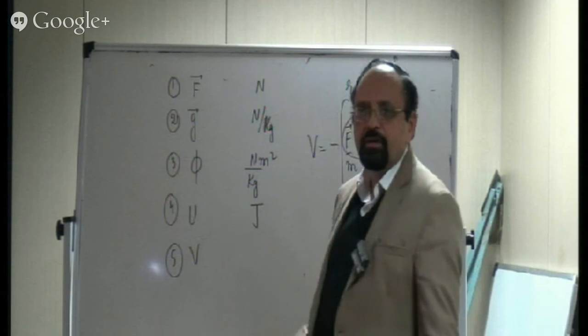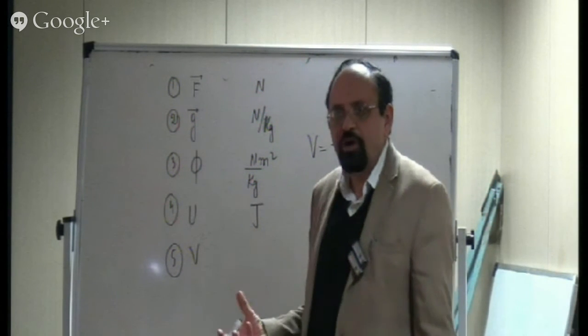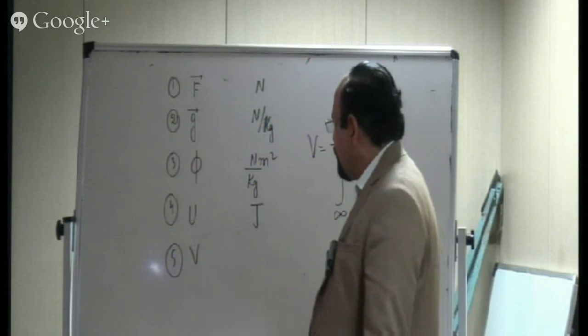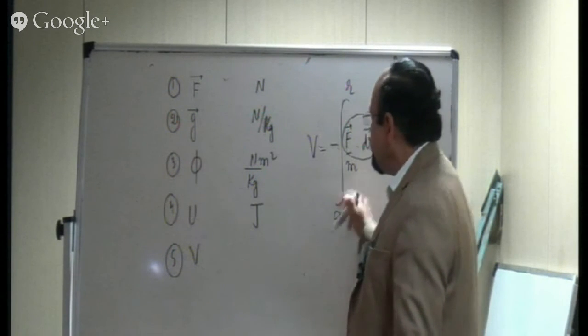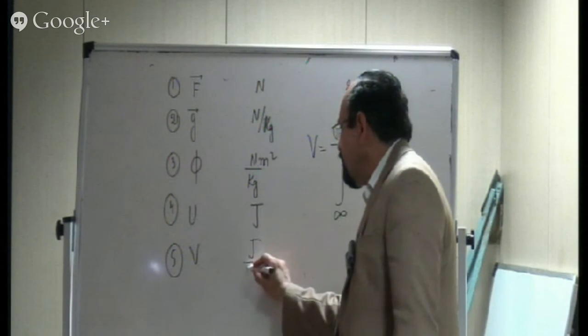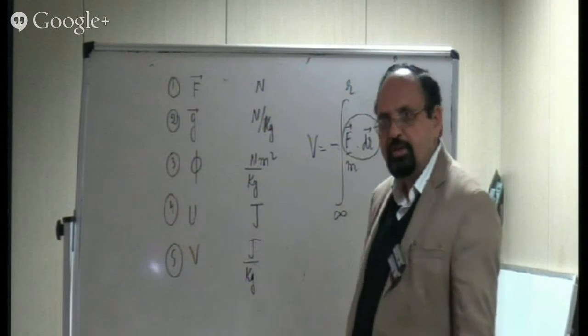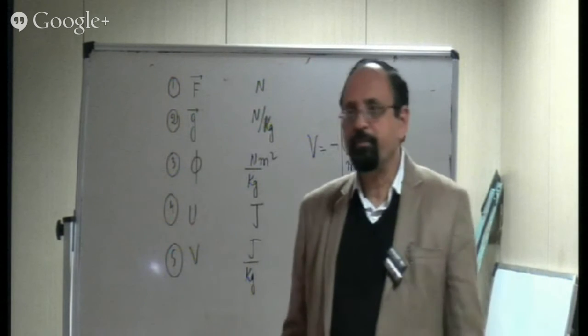Anyway, for competitive type of questions, it doesn't matter much, right? Because you have to solve it. Once you understand the quantity, the symbol may be any. For potential, this is work done per unit mass once again. So this you can write as joule per kg. These are the five physical quantities we have just discussed so far, right?